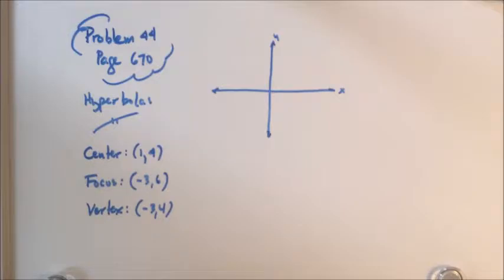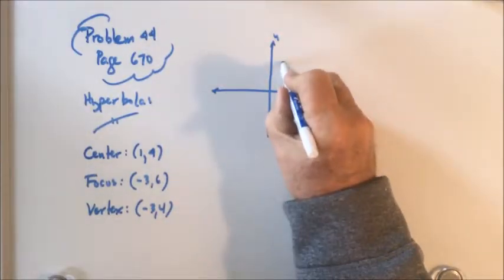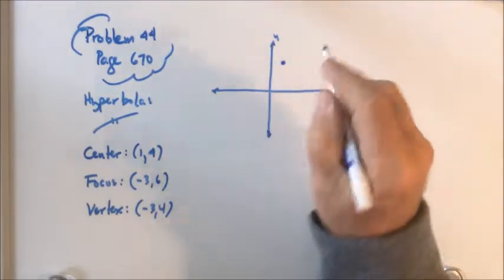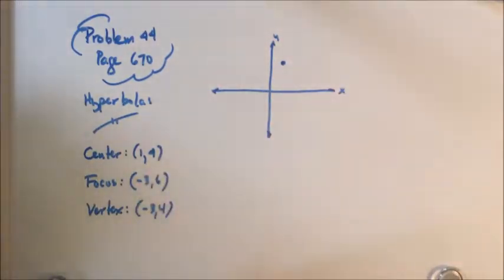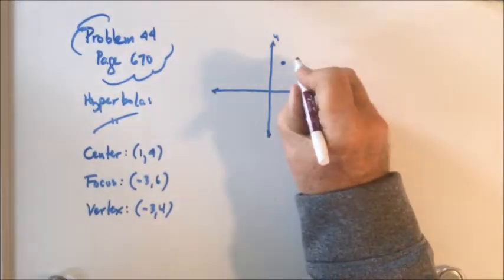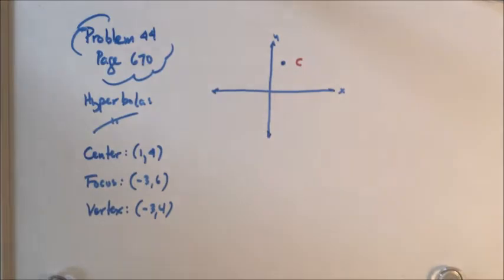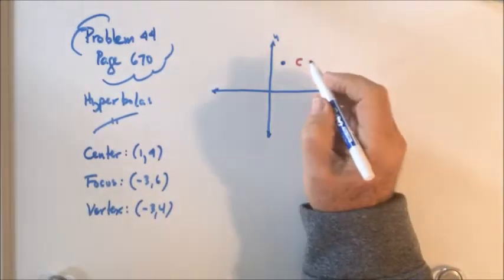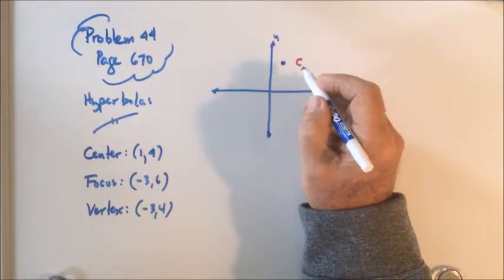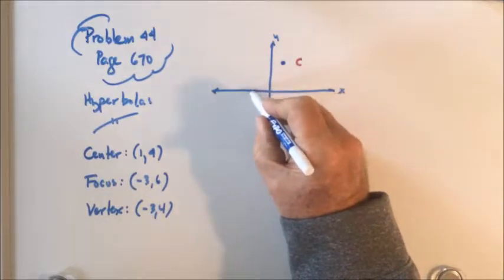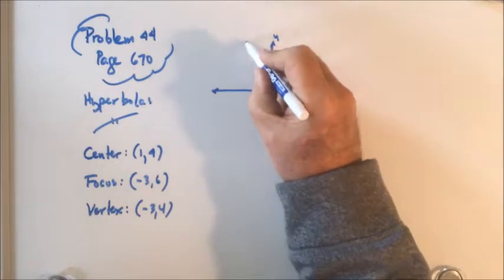So in this case, I've got a center at 1, 4 right there. I'm going to name it as a center so we can keep track of it. We're just going to call it C. I've got a focus at -3. So I'm over here, 1, 2, 3, and up 6.